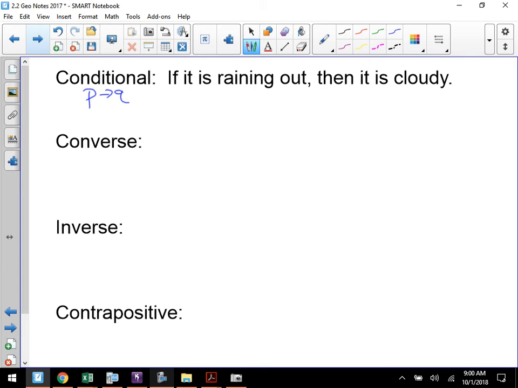What's in the sky that's holding the moisture in the air? You don't have to overthink it like that. But yes, let's just say this is one giant cloud. Okay. So is that true or false? If it's raining, it's cloudy. True.